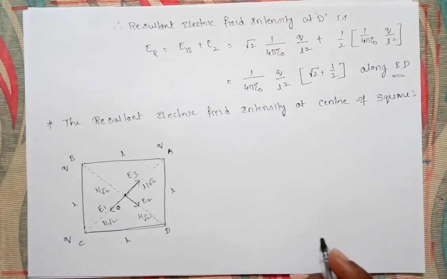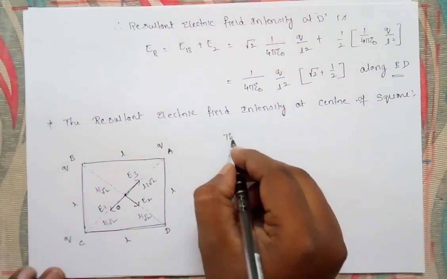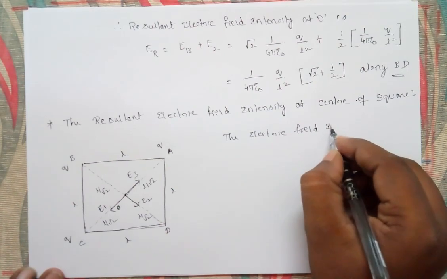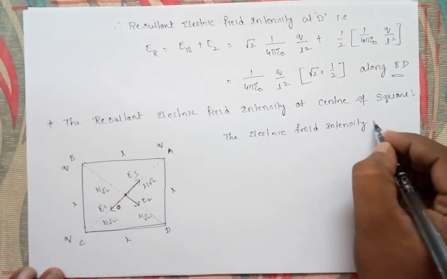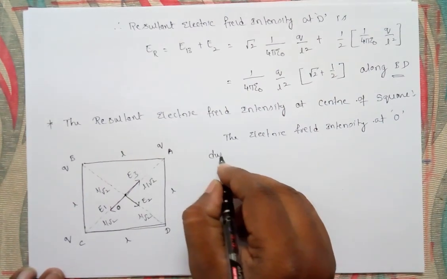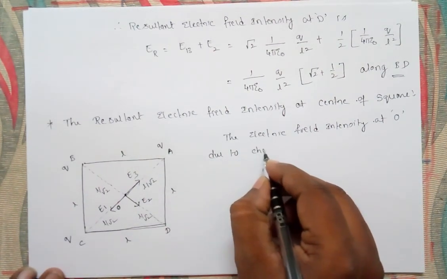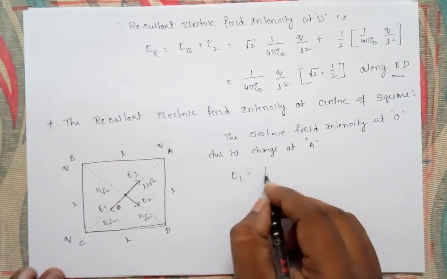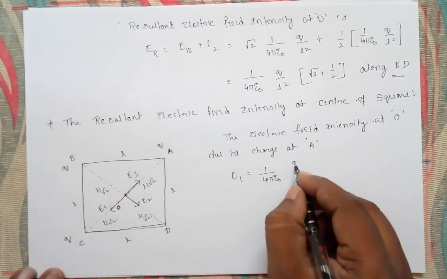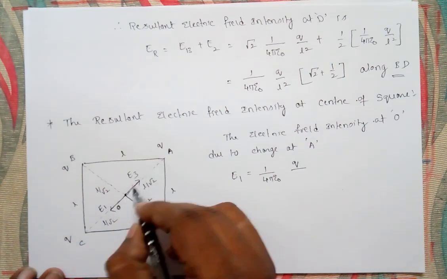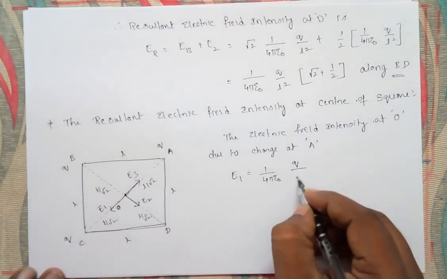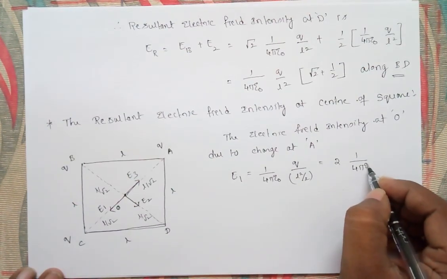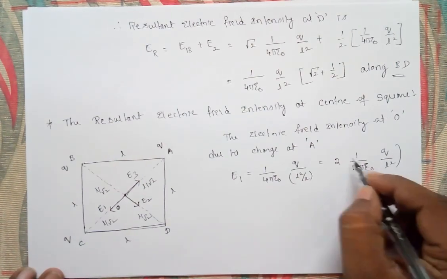Now we will calculate the electric field intensity at O due to the charge at A. E1 is 1 upon 4 pi epsilon naught Q by, the distance here is L by root 2 whole square, so L square by 2, that is 2 into 1 upon 4 pi epsilon naught Q by L square.